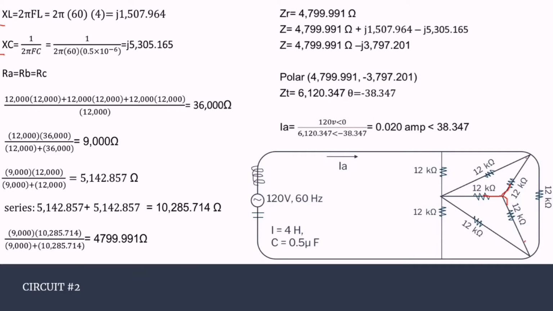Since we have our Y structure, we're going to compute for our delta. Here is our delta. So we're going to name our delta RA, RB, and RC.